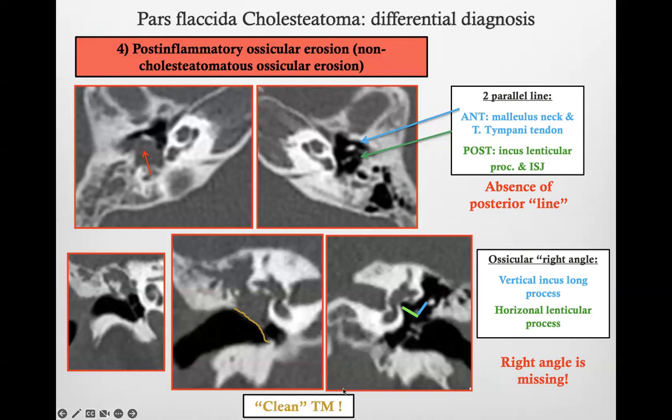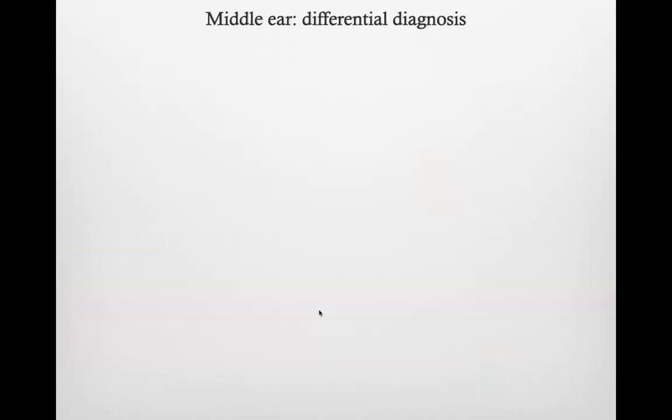And look at the tympanic membrane that should actually be clean, while in the cholesteatoma, the ENT or the otologist will see some atypical abnormalities and not a clean tympanic membrane. So again, very important, your clinical correlation.